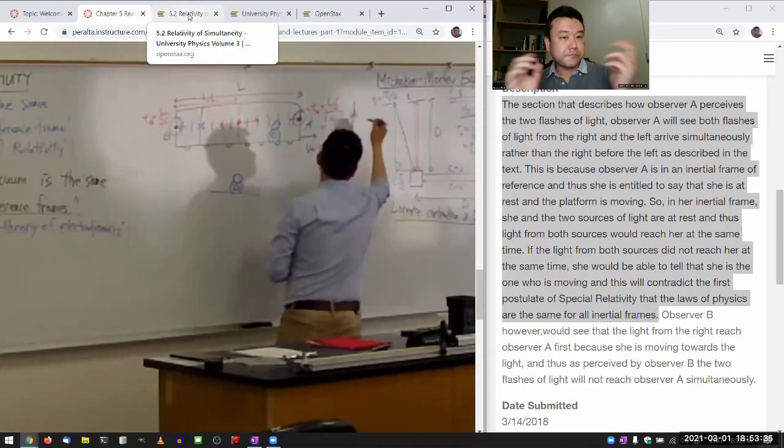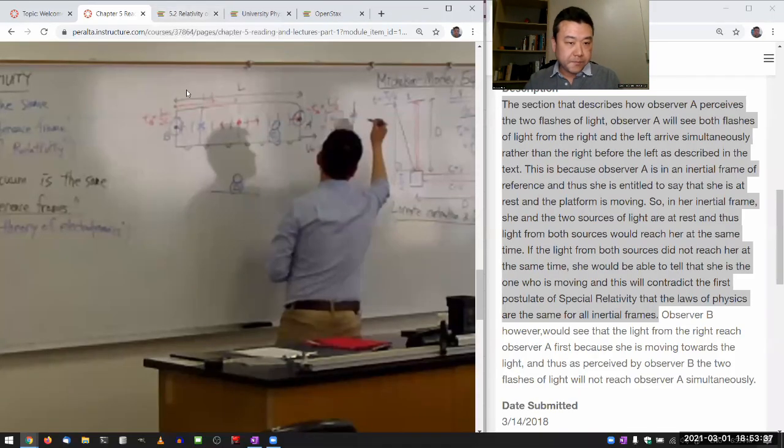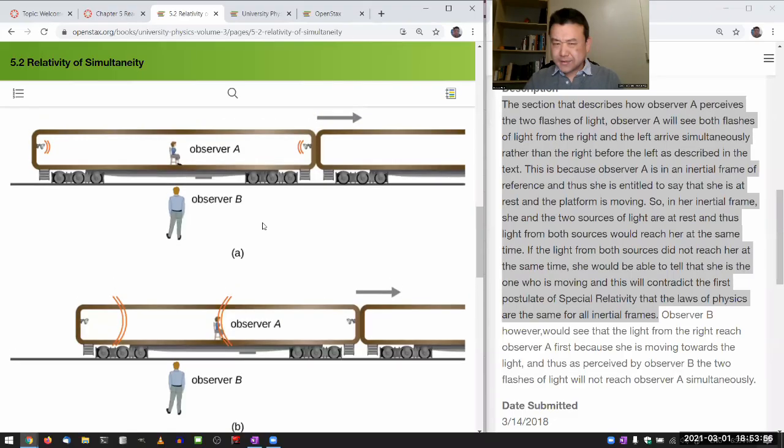And so the way it's set up in this lecture, I set up the events A and B to be simultaneous in the reference frame of the train. Therefore, when you observe it in a frame that's moving relative to that frame, then they are no longer simultaneous. In this textbook section, without describing in detail how they would do that, they set it up so that these two flashes would occur simultaneously in this reference frame.